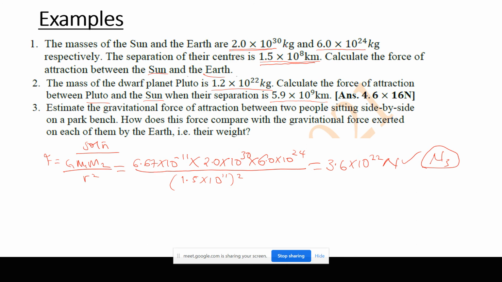Calculate the force of attraction between Pluto and the Sun when their separation is 5.9 times 10 power 9 kilometers. Okay, so I'm going to rub off this. I want to use the same space.